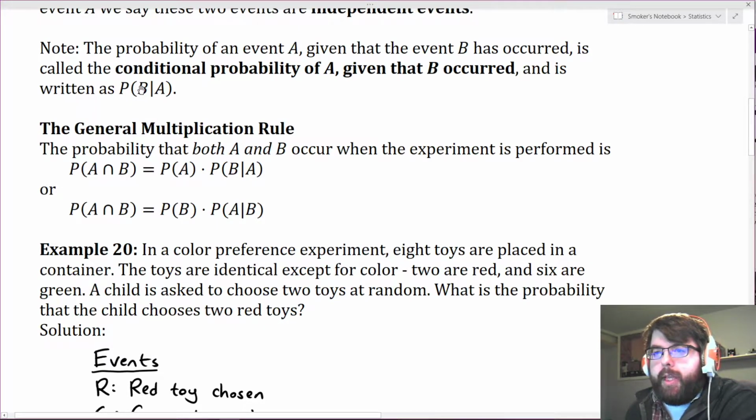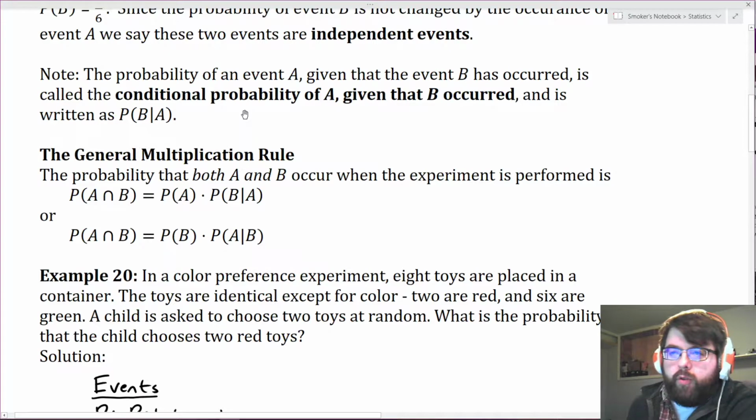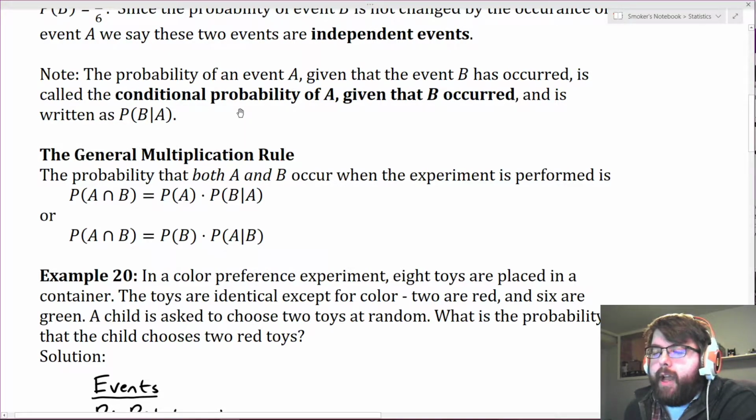This is considered conditional probability when the events are not independent. When they are dependent, or not independent, same thing. That means that the outcome of one event is affected by the outcome of the other event.